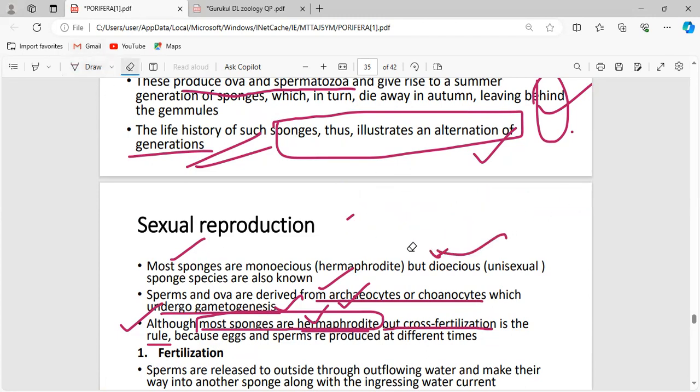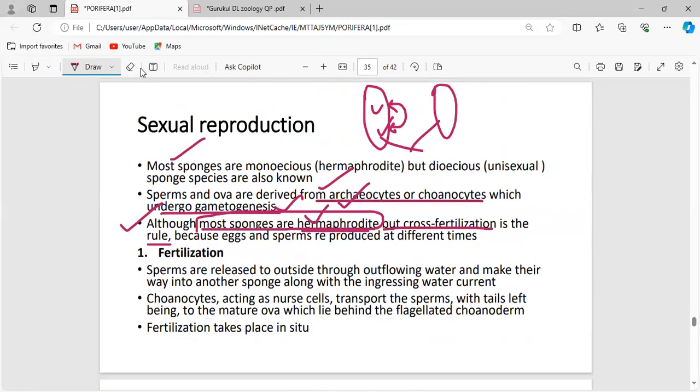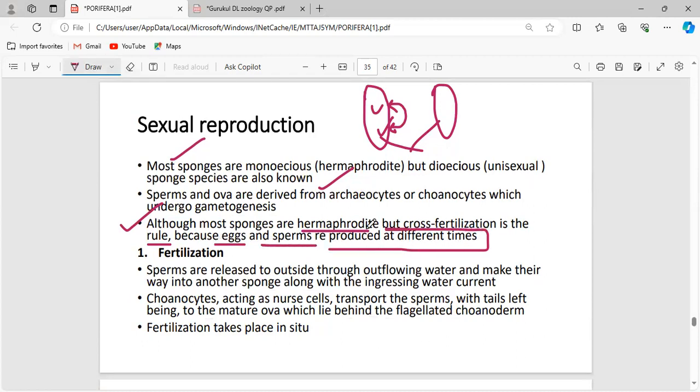But most of the sponges are hermaphrodite, which means both male and female sex organs will be present in the same individual. Yet they prefer to cross fertilize with another individual. Why is it so? Because eggs and sperms are produced at different times.